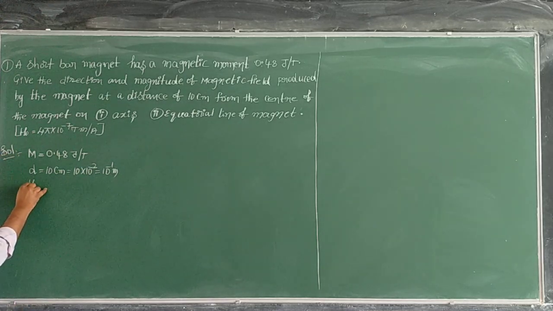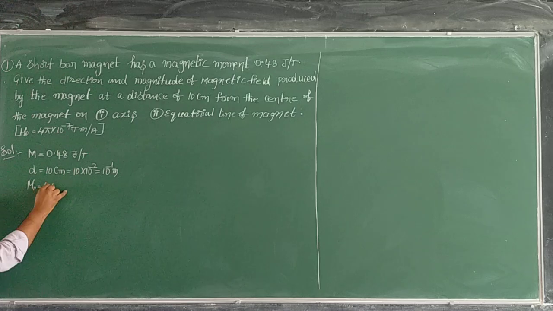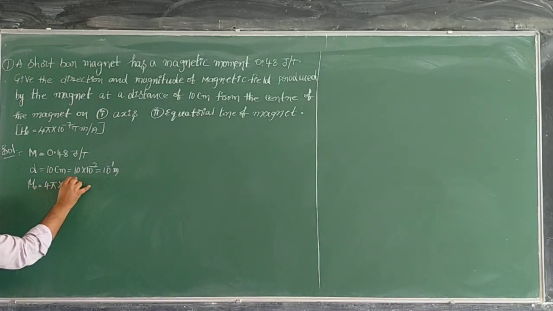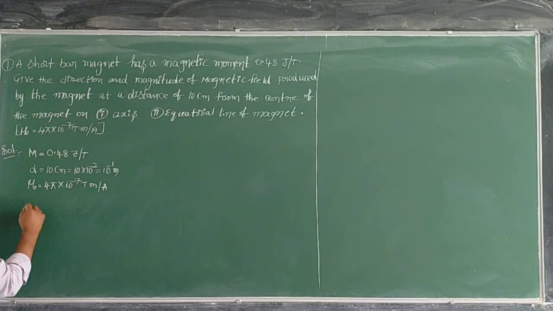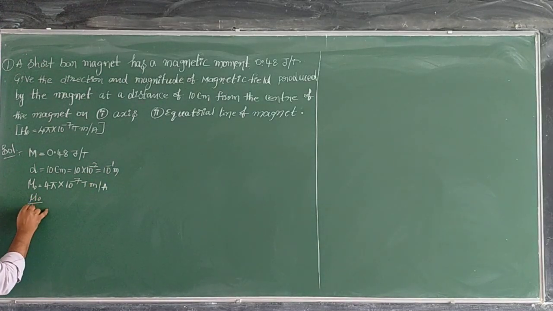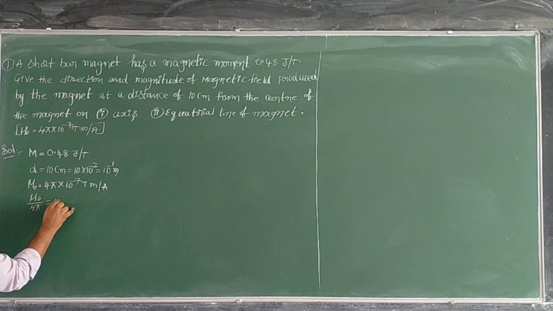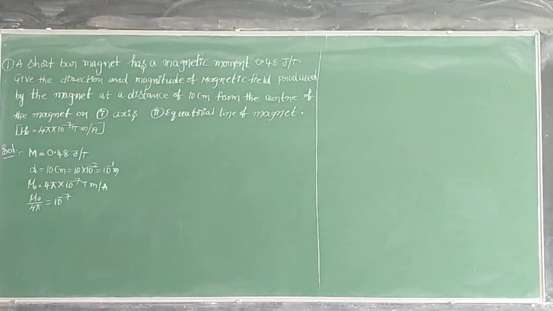Mu naught is given as 4 pi into 10 power minus 7 Tesla meter per ampere. Otherwise, mu naught by 4 pi is equal to 10 power minus 7.